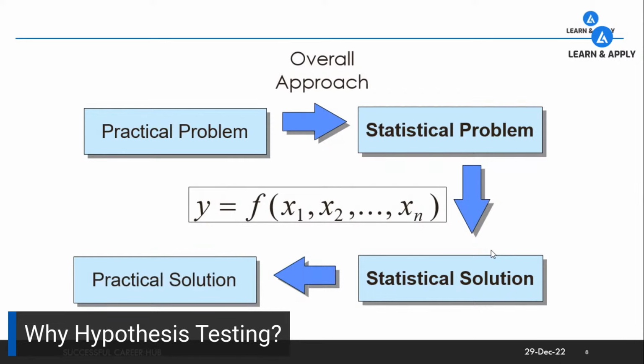This is the approach we use in Six Sigma implementation, and the same approach we use in hypothesis testing. We identify the actual practical problem and quantify it. Then we identify the solution based on the various hypothesis tests that we use, and after that we have the practical conclusion. That's why it's very important to understand hypothesis testing.